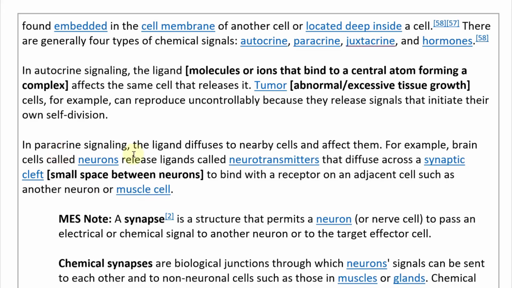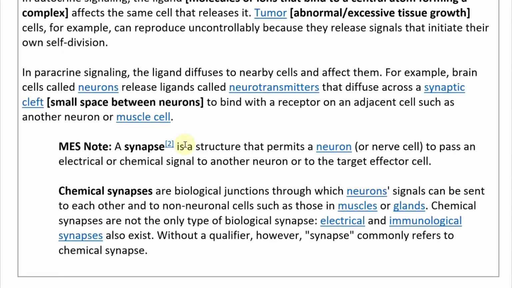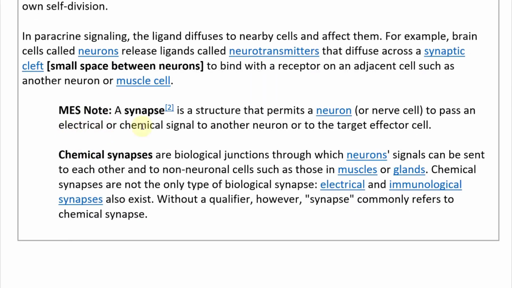So in paracrine signaling, the ligand diffuses, or the complexing agents get released from that atom and go over to another cell that's nearby, and that affects how that other cell responds, and hence you're signaling information to it.